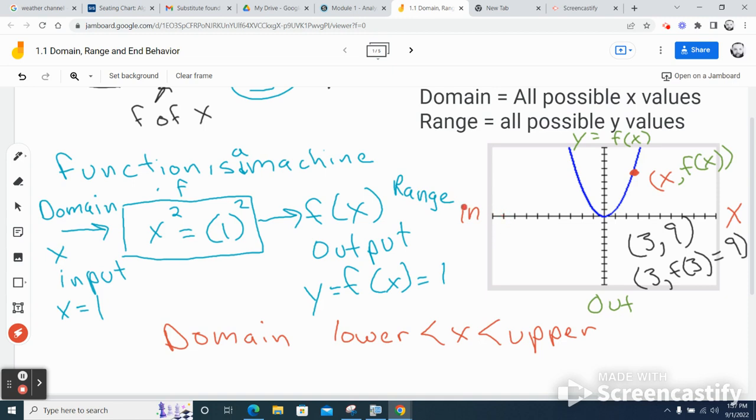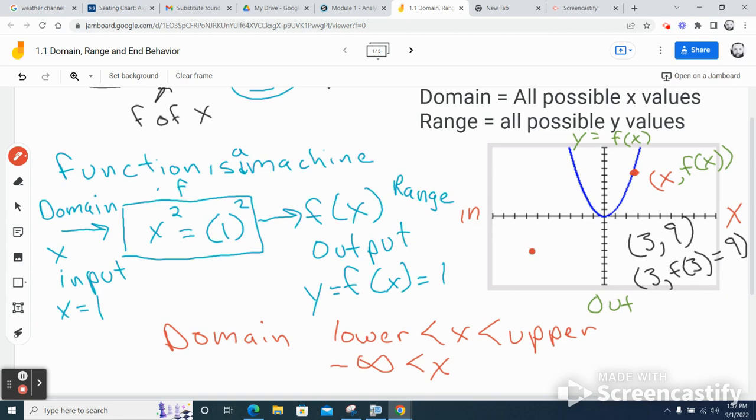Does that make sense? Remember, negative infinity is not a number. It's a concept. So we're saying it can go all the way over. How far? All the way. Negative infinity.